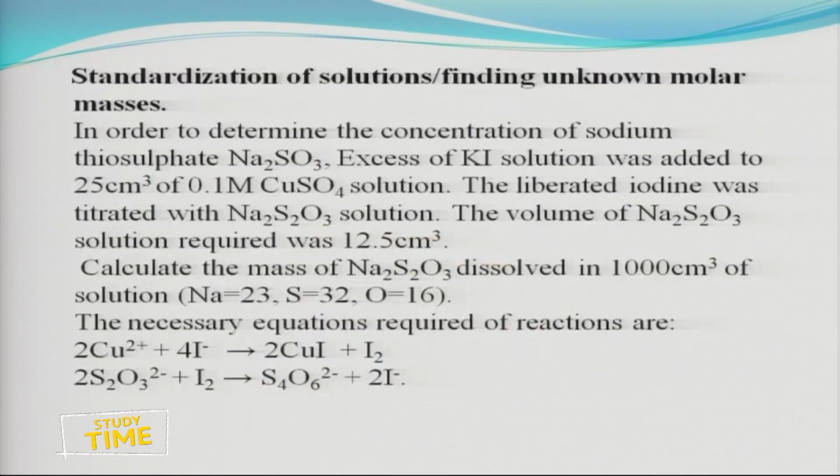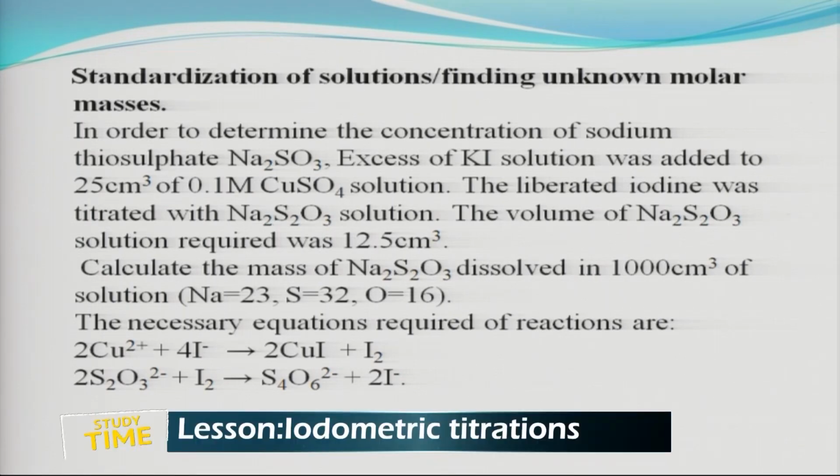Let's continue. We are going to look at an example. One of the objectives of our lesson today is calculations involving this type of titration. As you've seen, we have excess potassium iodide, which makes it back titration. Then we have copper 2 reacting with iodide and thiosulfate reacting with iodine, which makes it redox.